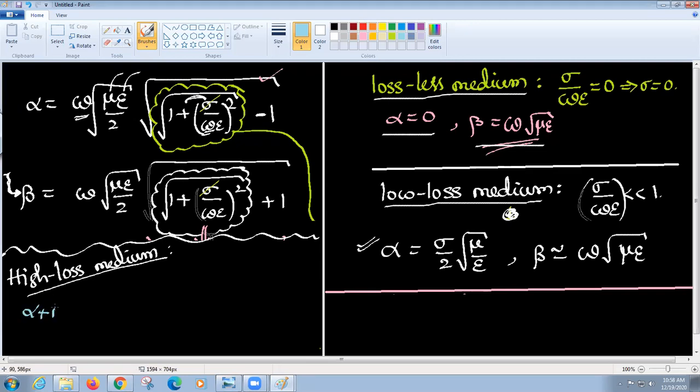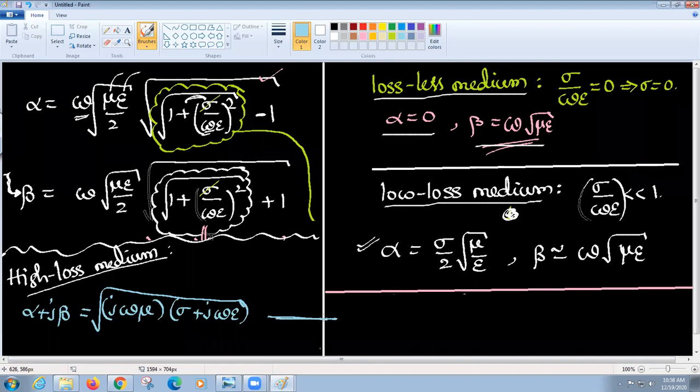So alpha plus j beta is equal to, I know gamma is the square root of j omega mu multiplied by sigma plus j omega epsilon. Agree? Yes, sir. So alpha plus j beta is equal to, now what do I do?